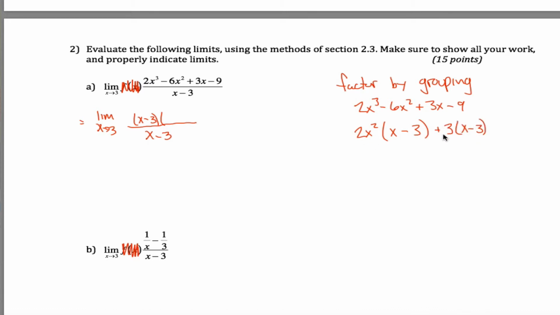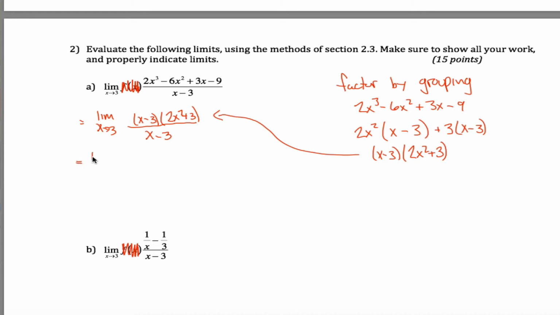And so what I have are two terms here separated by this plus that both have an x minus 3 in them. So if you factor out that x minus 3, what you'll have left is the 2x squared plus 3. Anyways, the numerator factors into this thing. You don't have to do it that way, but there's one way you can get it.